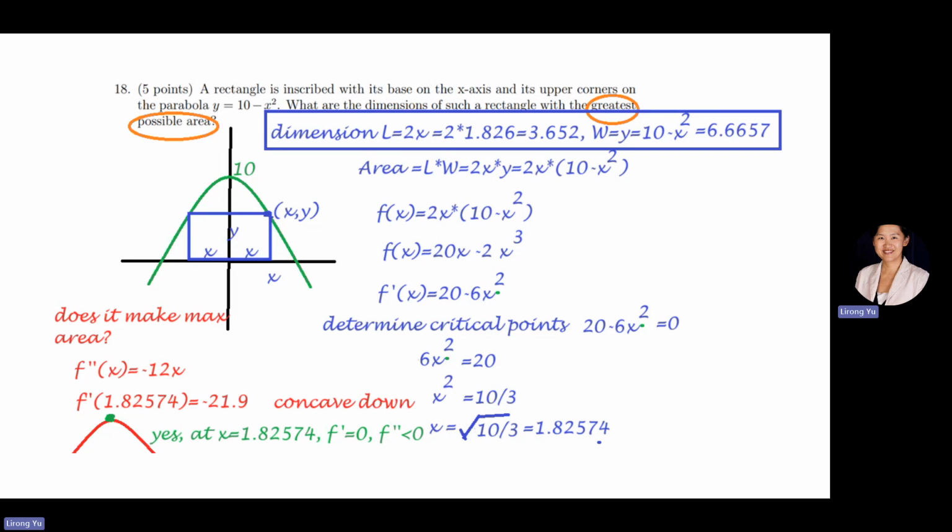The width of the rectangle is the y value, which equals 10 minus x squared. Calculating 10 minus x squared when x equals 1.82574, the width equals 6.6657. So in that block, I marked the final answer to the question, which is the dimensions of the rectangle. I hope that explanation works okay.